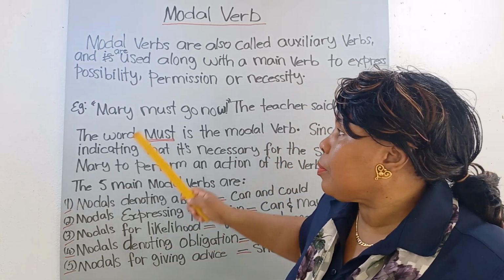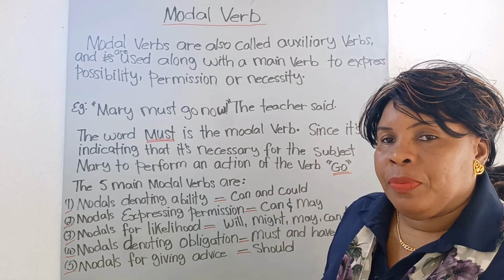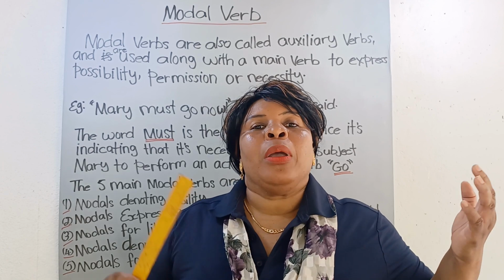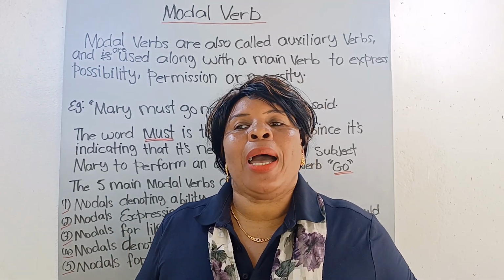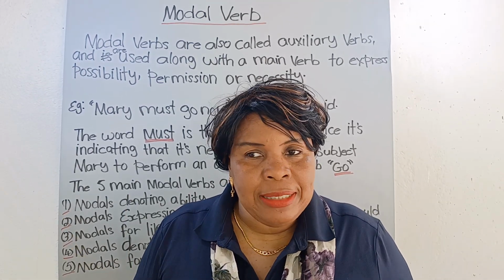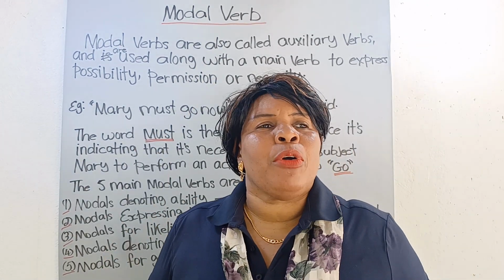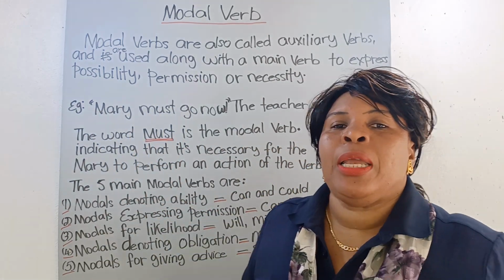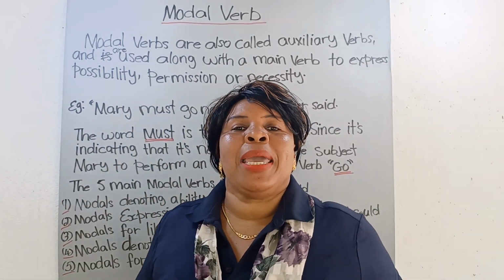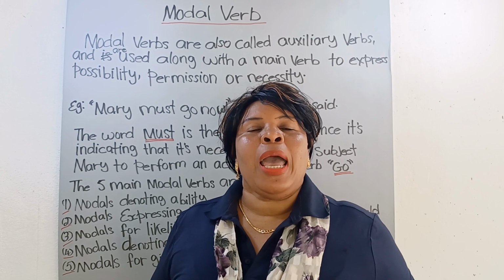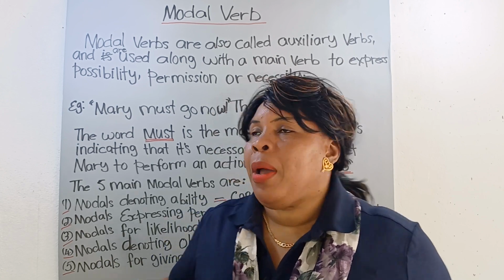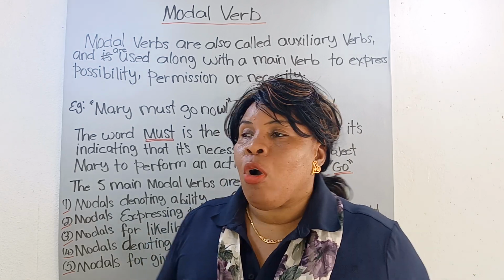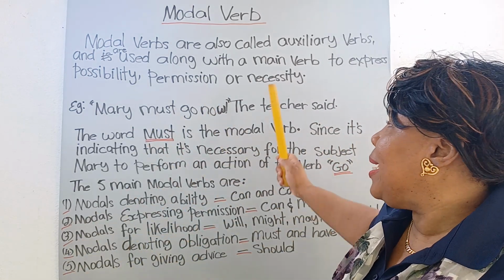So permission is to give authorization or allow something to happen or someone to say something. An example for permission: say someone comes to your office and they knock on the door and ask, may I come in? And you say yes. So you give them permission to enter your office or your home.